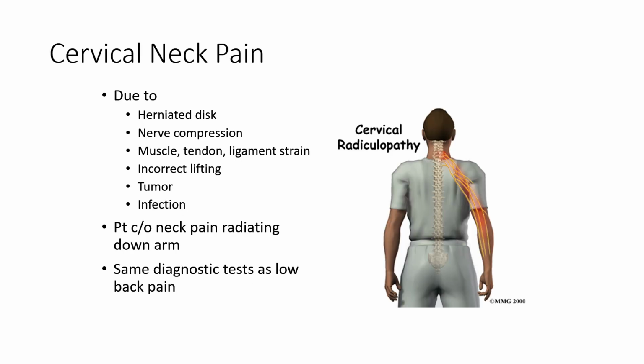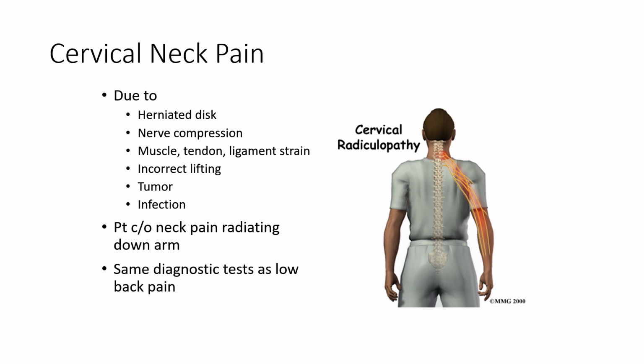Moving on to cervical neck pain or high back pain, a lot of the principles do still apply. They can be due to a herniated disc in the cervical spine with nerve compression. You can have neck pain due to muscle, tendon, or ligament strain, incorrect lifting, a tumor or an infection can cause cervical neck pain.